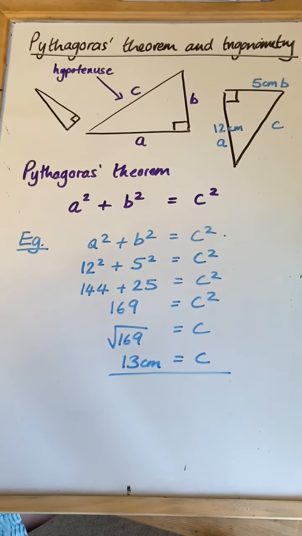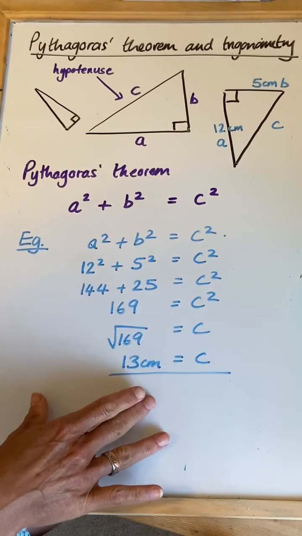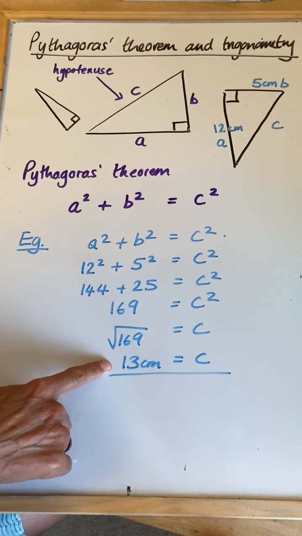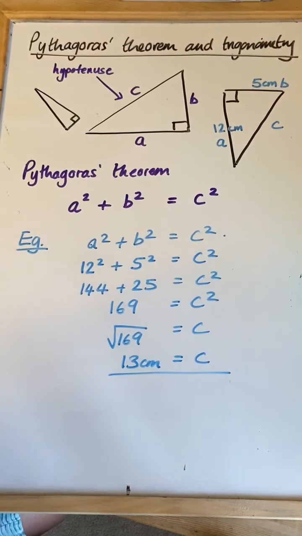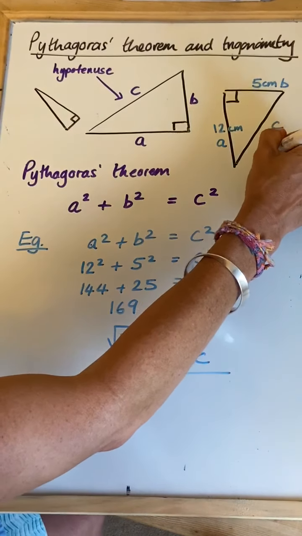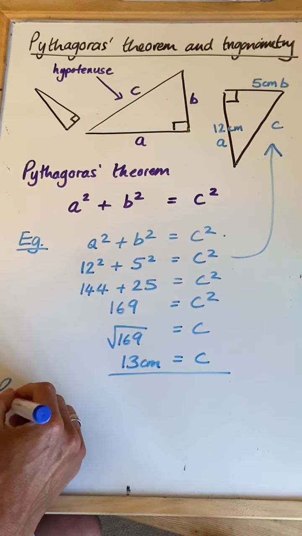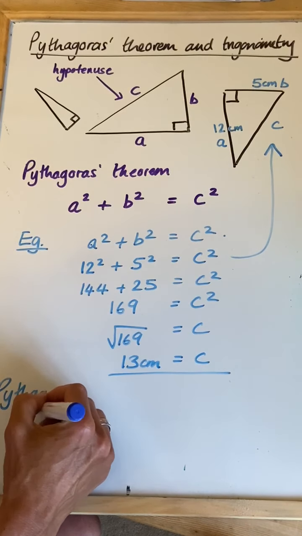Now I've deliberately chosen a nice one here that I knew would give me a whole number as my answer. That won't always be the case, but when you have got side lengths that are all whole numbers, then we call it a Pythagorean triple, and you might hear teachers referring to that from time to time.